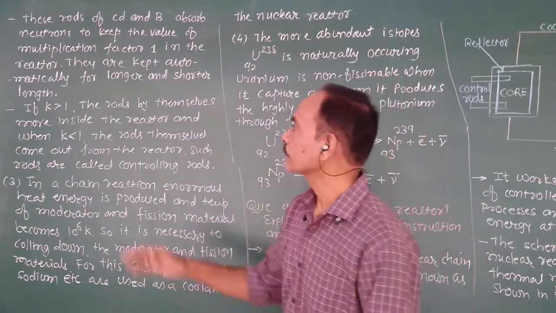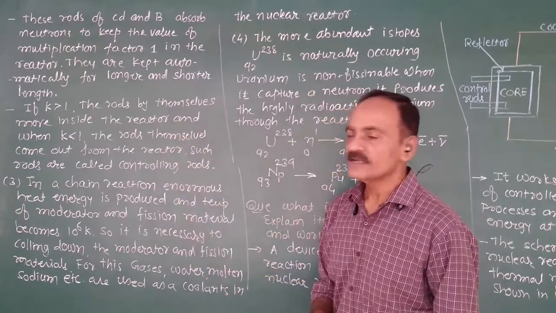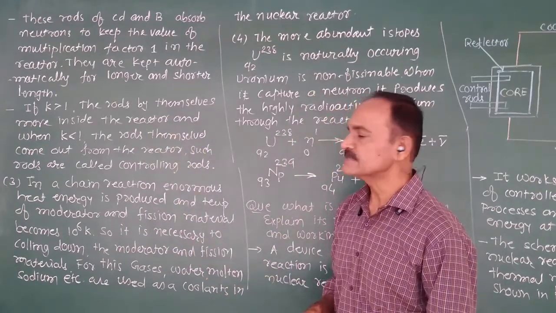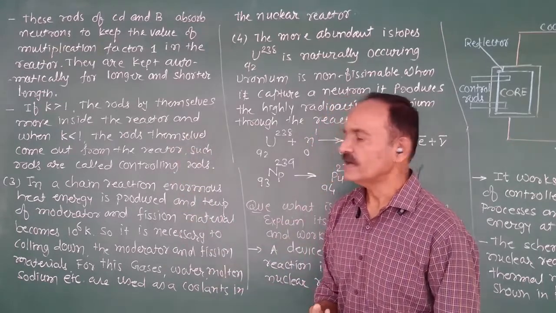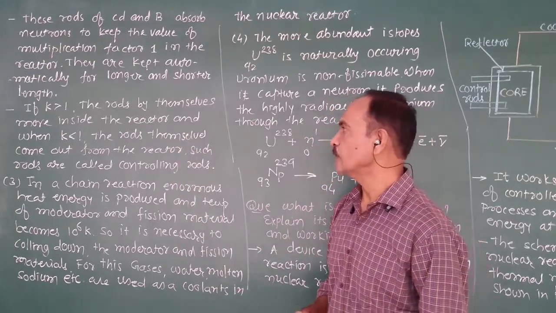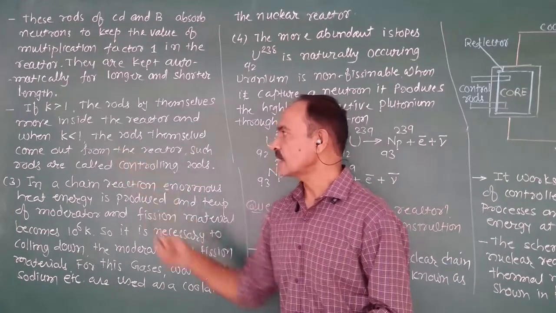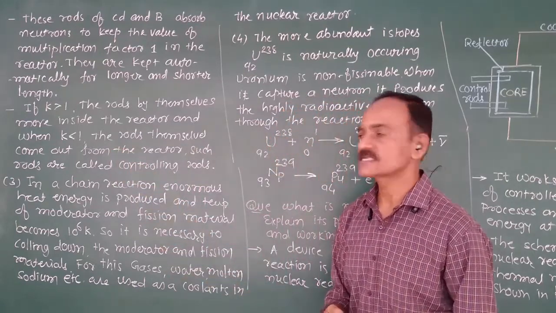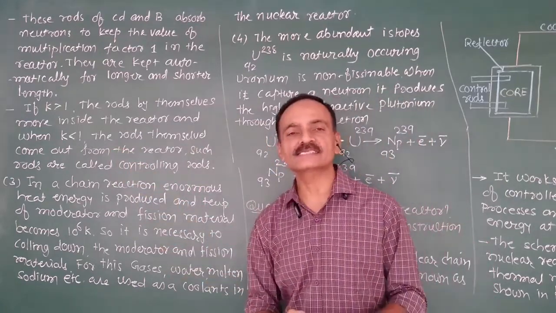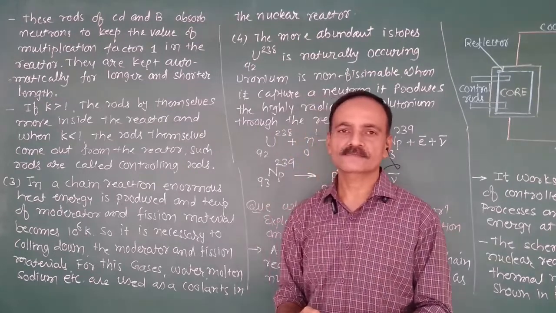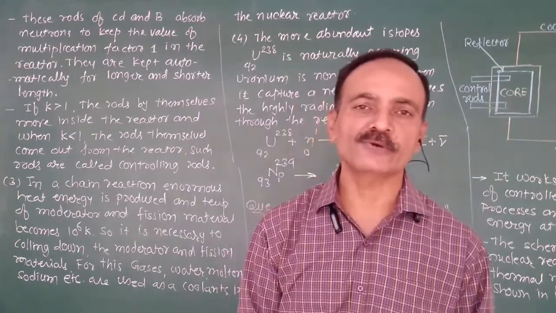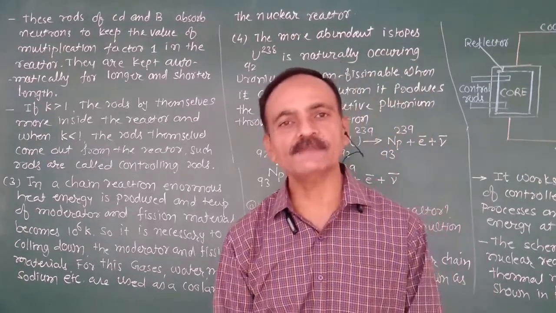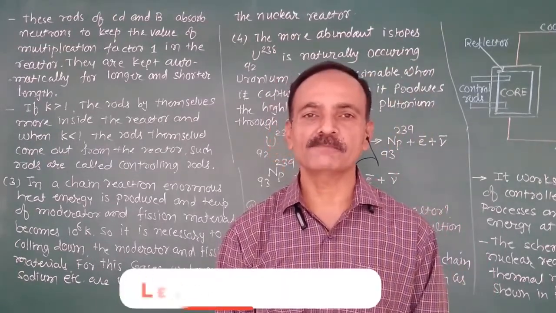If K is greater than 1, the rods by themselves move inside the reactor, and when K is less than 1, the rods themselves come out of the reactor. Such rods are known as controlling rods. This way, the controlling rods work in a nuclear reactor to keep the value of the multiplication factor at 1.